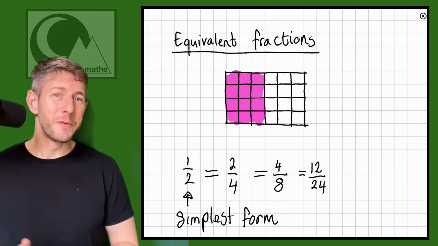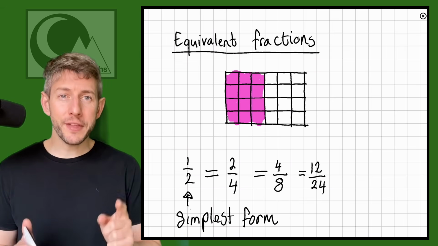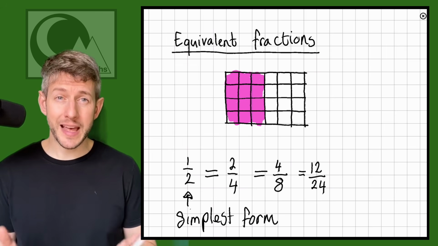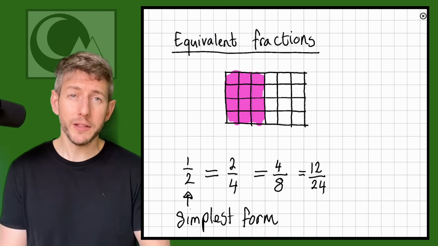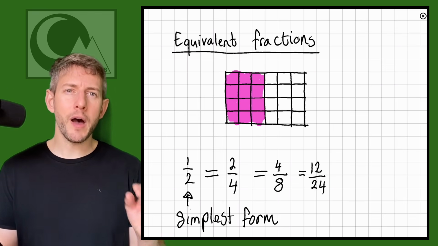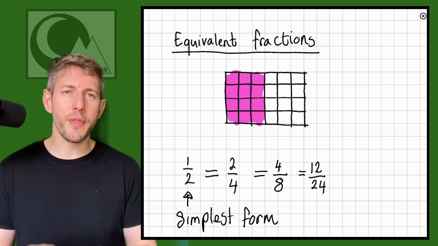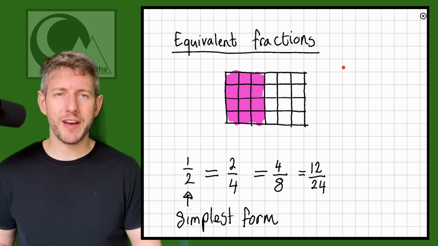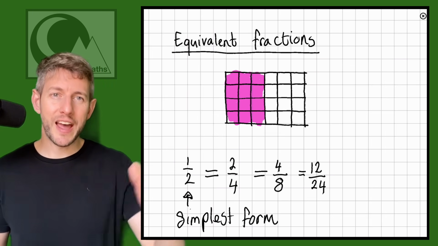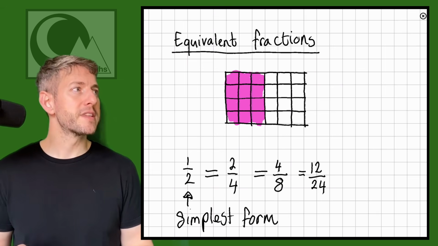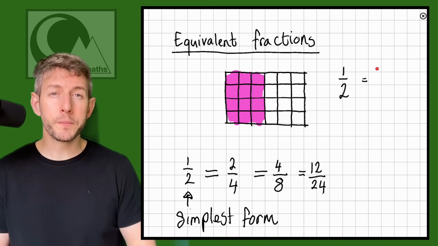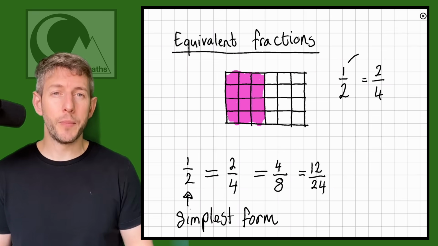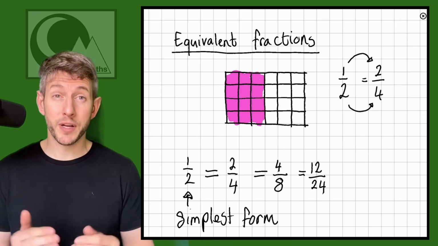So there we go. Now, the key thing to remember about equivalent fractions is the way that you can work them out without doing a drawing like mine is by identifying the number that the top and the bottom of the fraction have been multiplied by to get the new fraction. So for example, if I look at 1 over 2 equals 2 over 4, I can see that the top and the bottom have both been multiplied by 2.